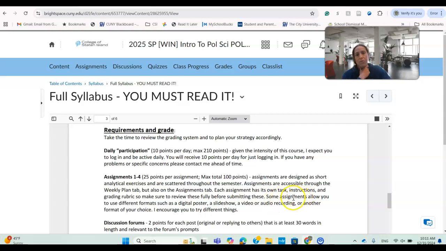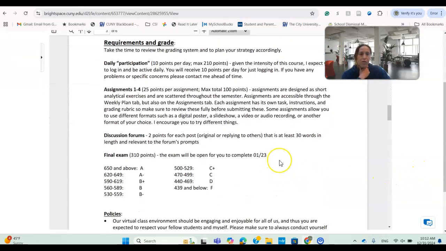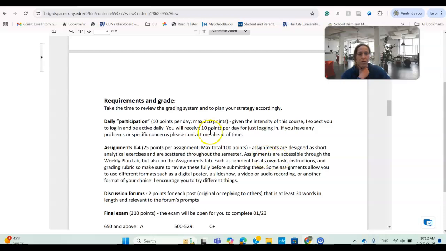Here are the requirements and how I break a grade. You are graded on a point system, and you can accumulate as many or as little points as you choose to. For example, every day that you log into the system, you will receive 10 points. The system gets a digital stamp every time you go in, so there's no argument about did you log in or did you not log in on a certain date.